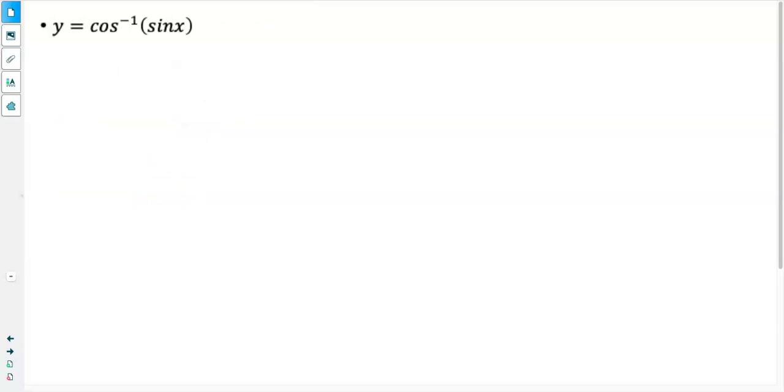Okay, so next we've got y is equal to cos negative 1 of sine x, and we want to take the derivative of this. First we'll take the derivative of our inverse of cos. So y prime is equal to negative 1 over the square root of 1 minus, because we had this in here, sine squared x, times, because of the chain rule, the derivative of sine x.